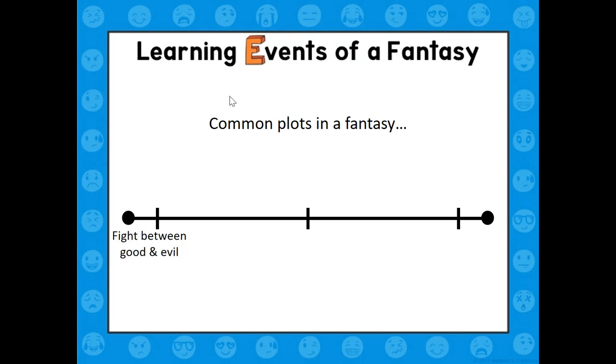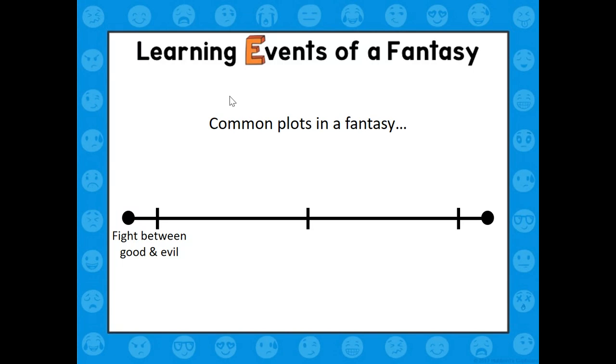Common plots in a fantasy can be a fight between good and evil. Which one of those, The Wizard of Oz, Harry Potter, or Chronicles of Narnia, could be an example of a fight between good and evil? It could kind of be all of them, right?